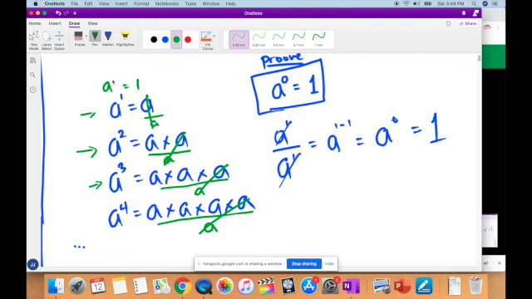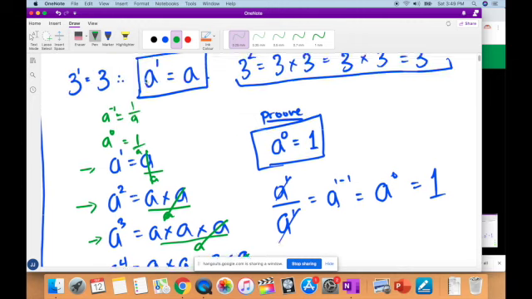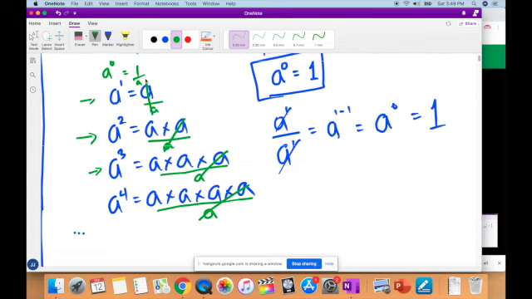Right? And look at it. If I have a to the power of 0 is 1, and I divide that by a, what I'll have now is a to the power of negative 1, which is 1 over a. So we have like this indices number line taking place now.